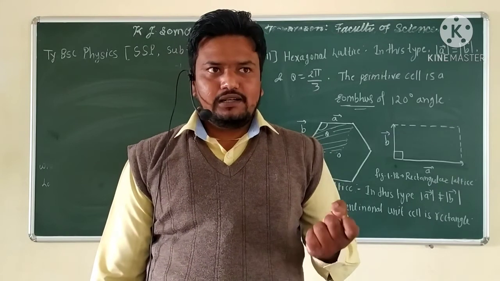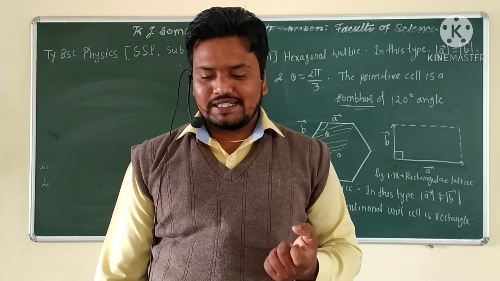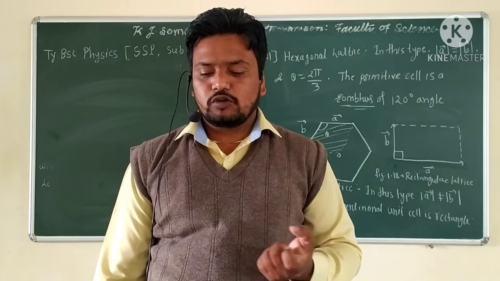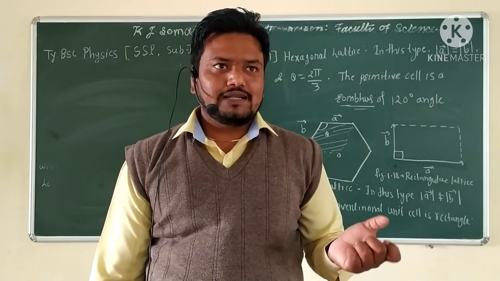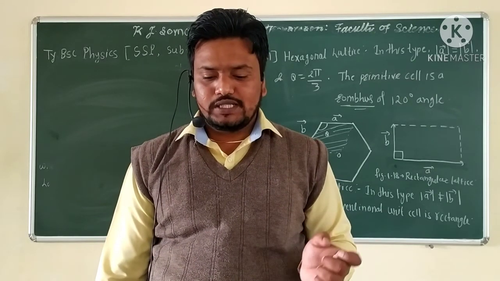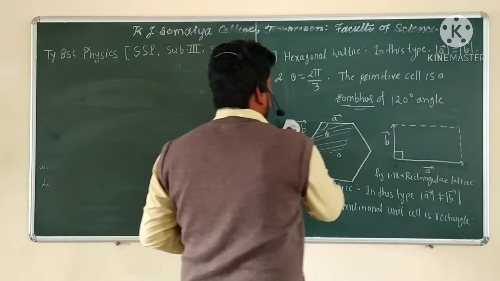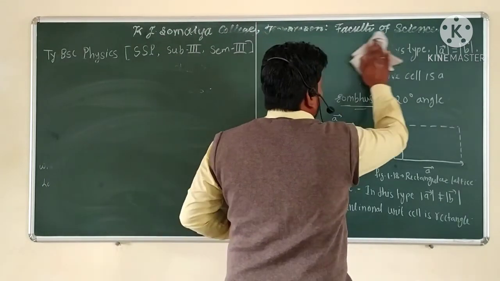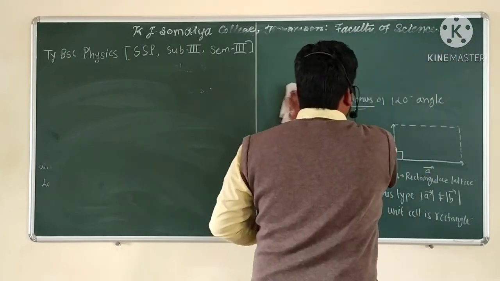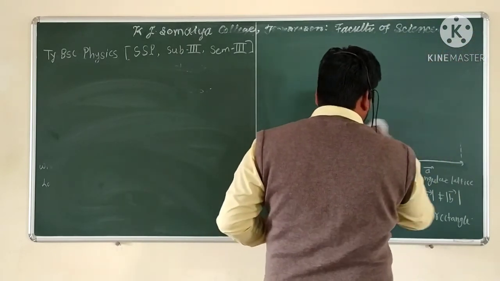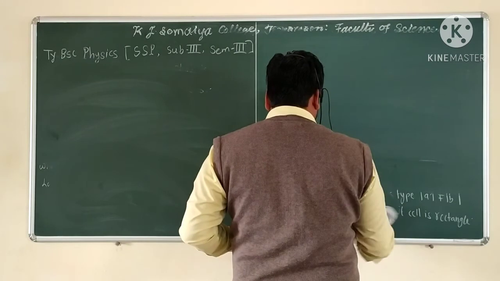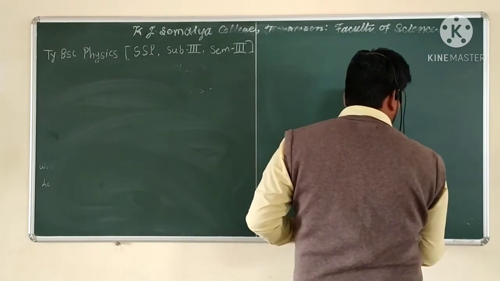Those 14 types of Bravais lattice network are grouped into the 7 types of the conventional unit cell, and they show the angles alpha, beta and gamma, which are considered between the vectors.